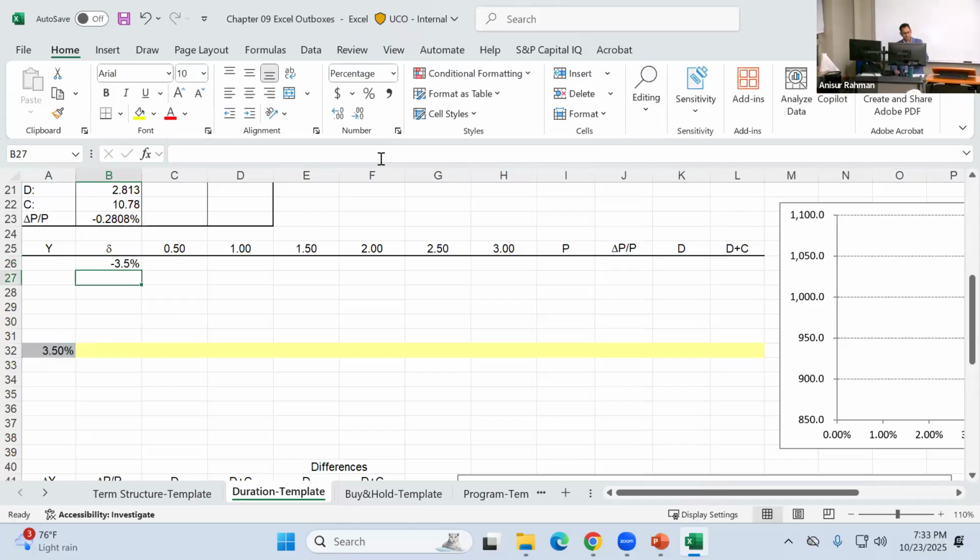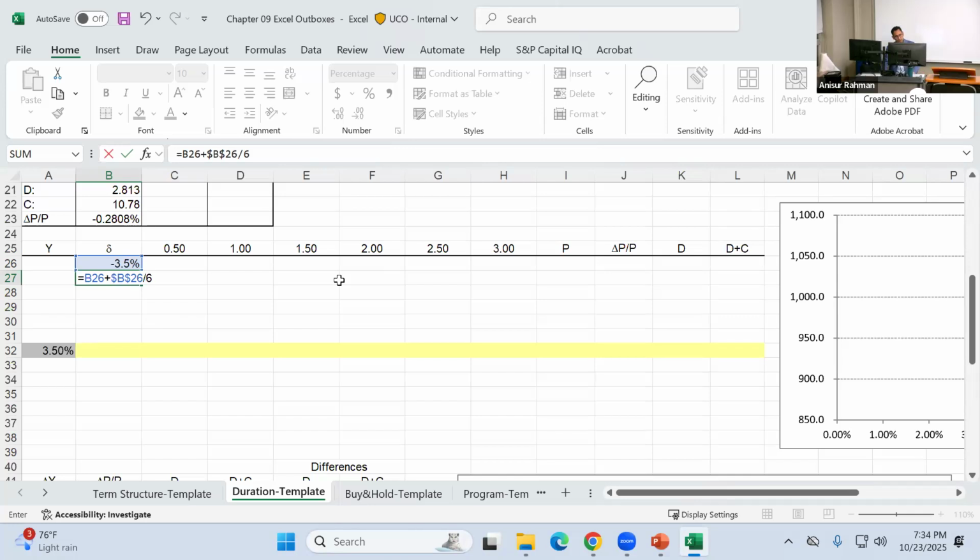And then in the next cell, this plus this, log this cell divided by 6.